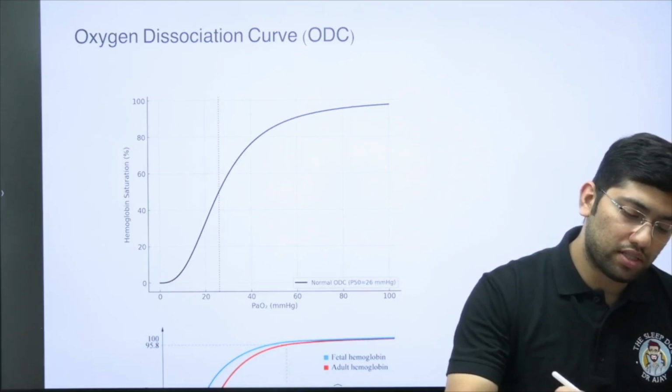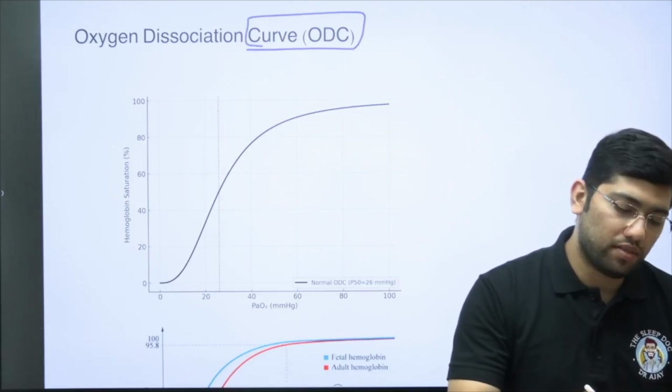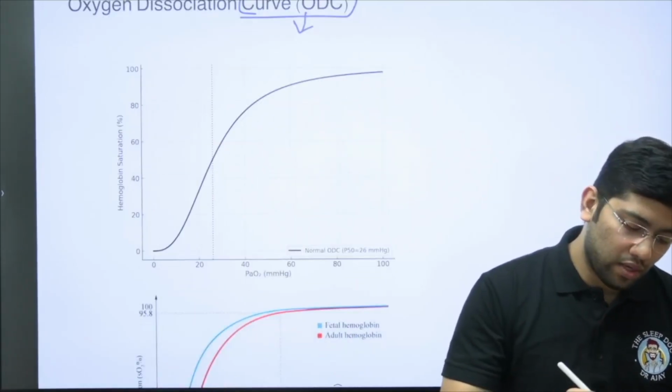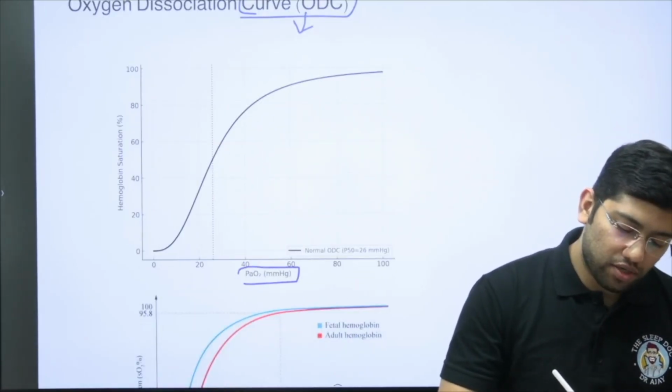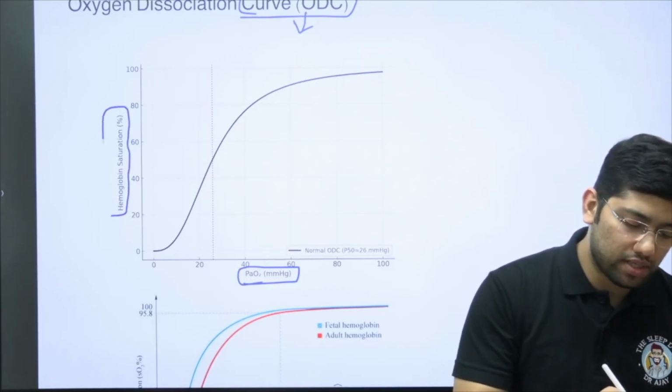Coming to the oxygen dissociation curve, as the name suggests, it is a curve, which means it's a graphical representation. What does it represent? We have the partial pressure of oxygen compared with the hemoglobin saturation.